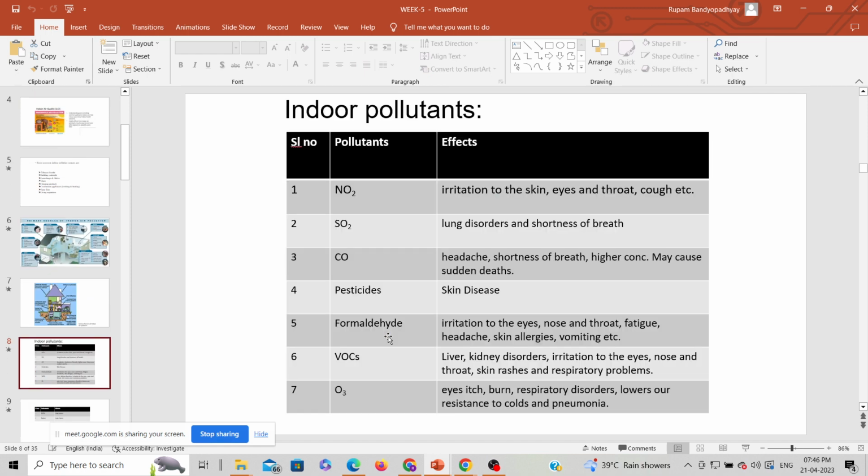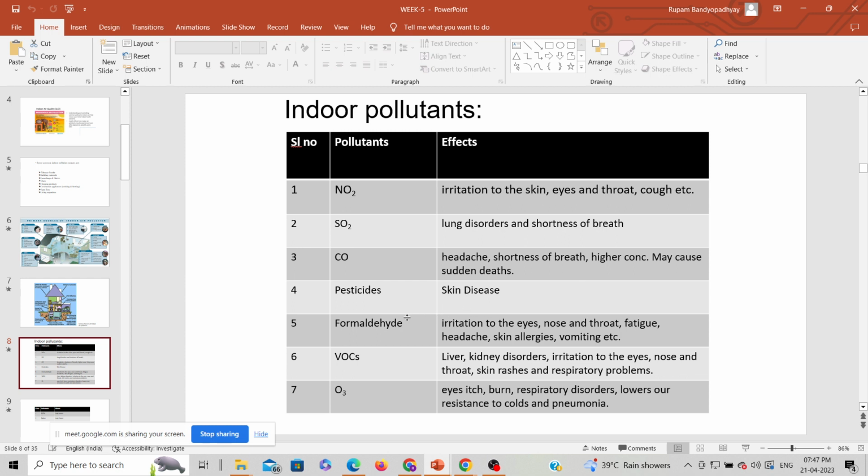These are some health effects. NO2, if present, will cause irritation to skin, eyes, and throat, and cough. Sulfur dioxide will cause lung disorder and shortness of breath. Carbon monoxide causes headache, shortness of breath, and may cause sudden death because it attaches with hemoglobin and reduces the transfer of oxygen. Pesticides can cause skin diseases.